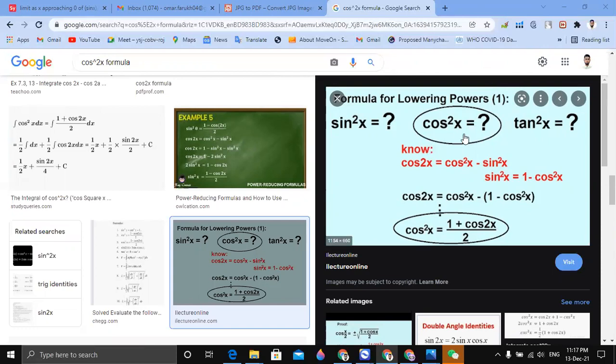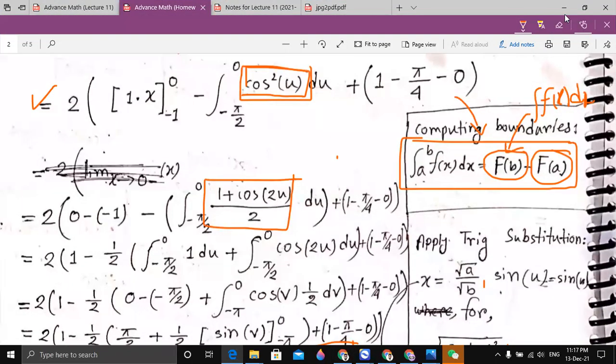Okay, formula for lowering power. See here, guys. So cos square x is (1 plus cos 2x) by 2. So we can write down (1 plus cos 2u) by 2.